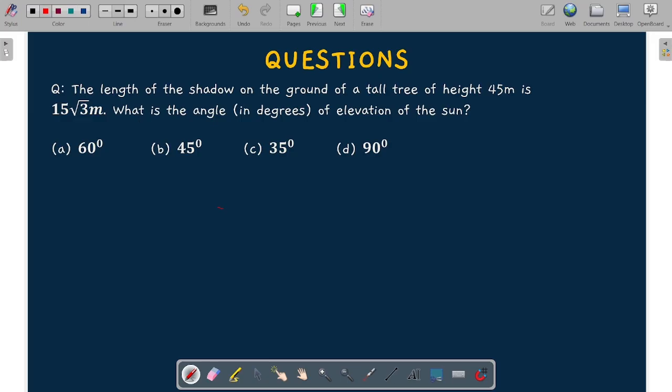दिया है कि the length of the shadow on the ground of a tall tree of height 45 meter is 15 √3 meter.